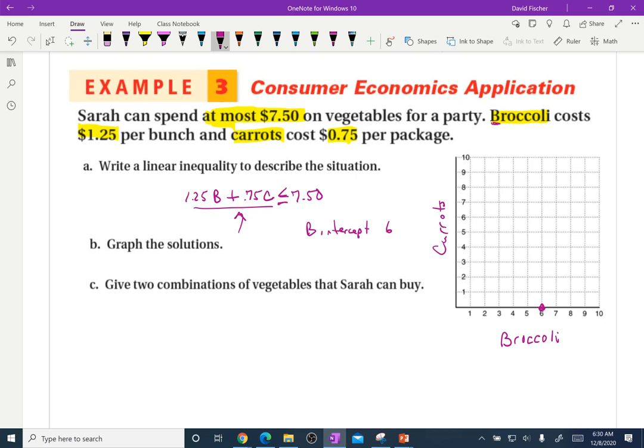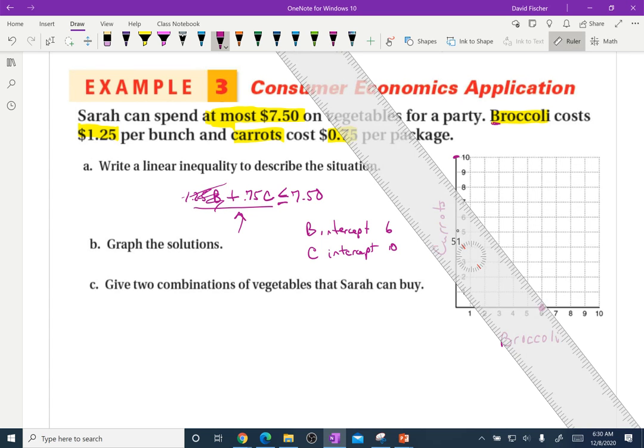And now my carrots, which would be $7.50, and I already know this answer is 10. Just divide $7.50 by, so I put a 0 in for this, and this went away. So that means divide both sides by 75 cents. So my C is 10. So this graph, this one's okay. So my x-intercept is 10.